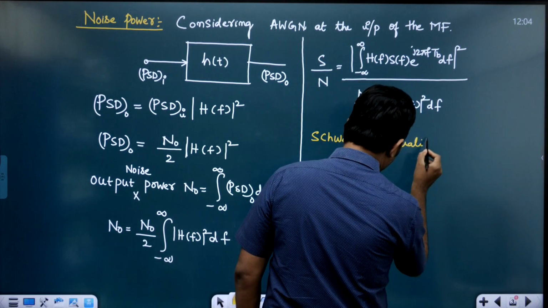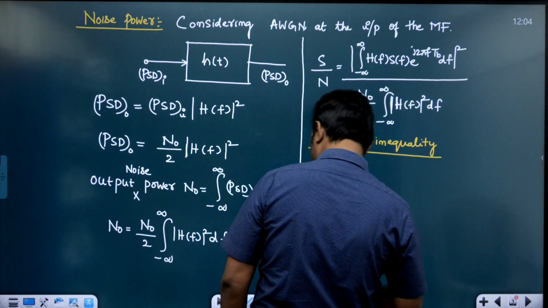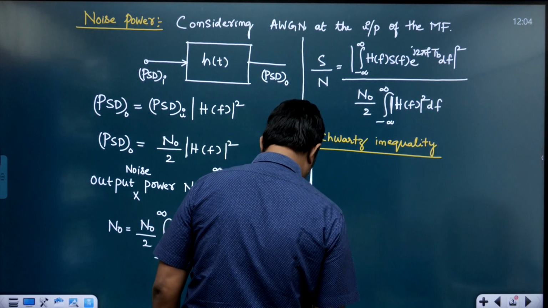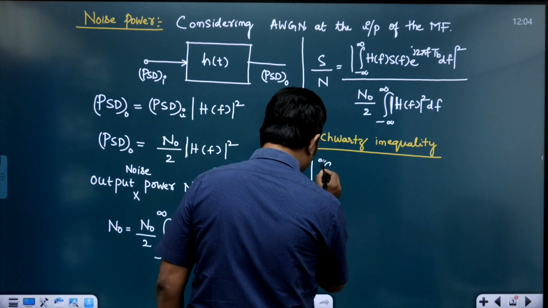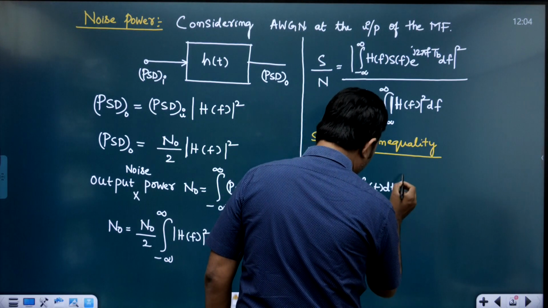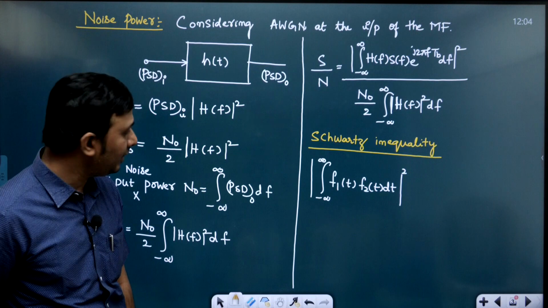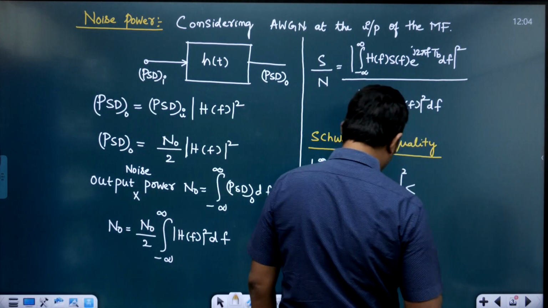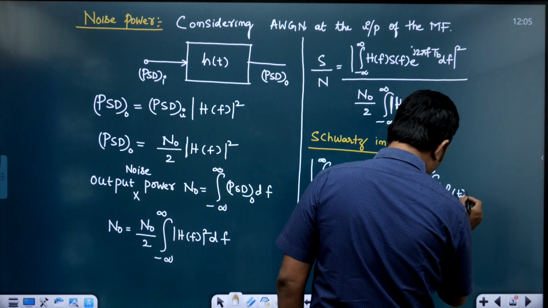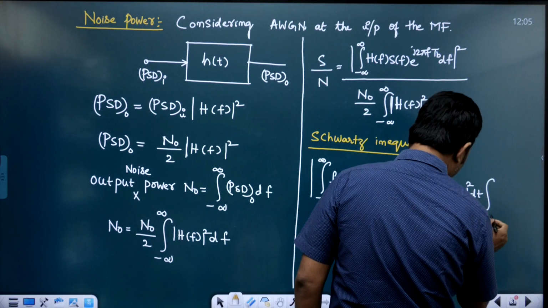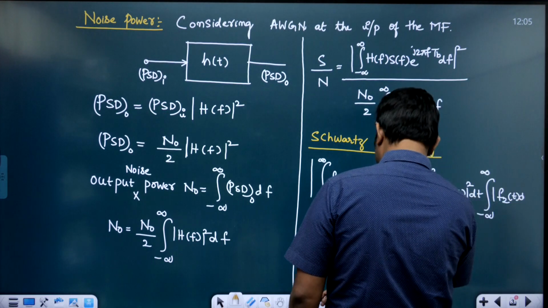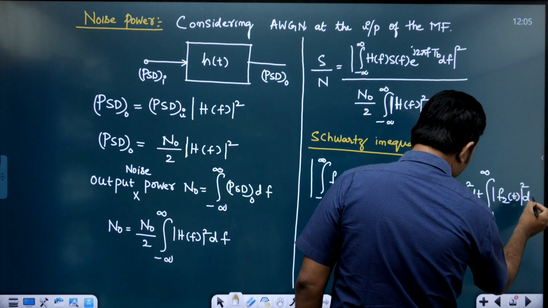Schwarz's inequality says that if you have this kind of expression, magnitude of integral from minus infinity to infinity of f1(t) f2(t) dt, magnitude whole square, this will be less than or equal to the integral from minus infinity to infinity of magnitude of f1(t) whole square dt, multiplied with the integral from minus infinity to infinity of magnitude of f2(t) whole square dt.